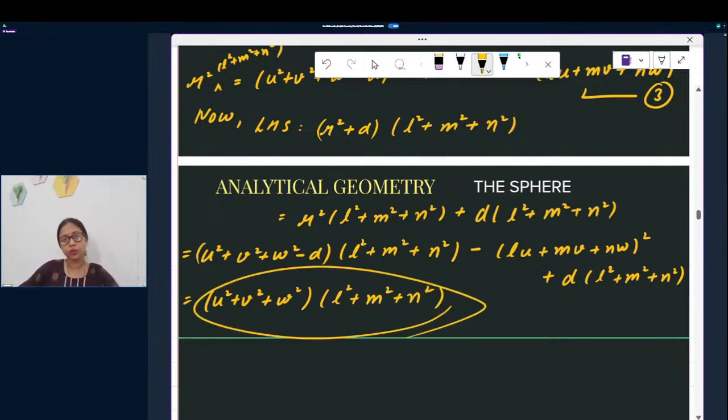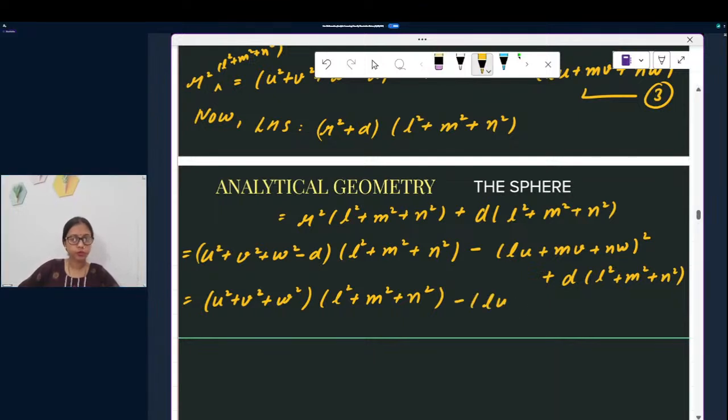This should remind you about something. Plus nw whole square. What is this? This is nothing but Lagrange's identity. So this is what Lagrange's identity is between u, v, w, and u again, then l, m, n, and l again.